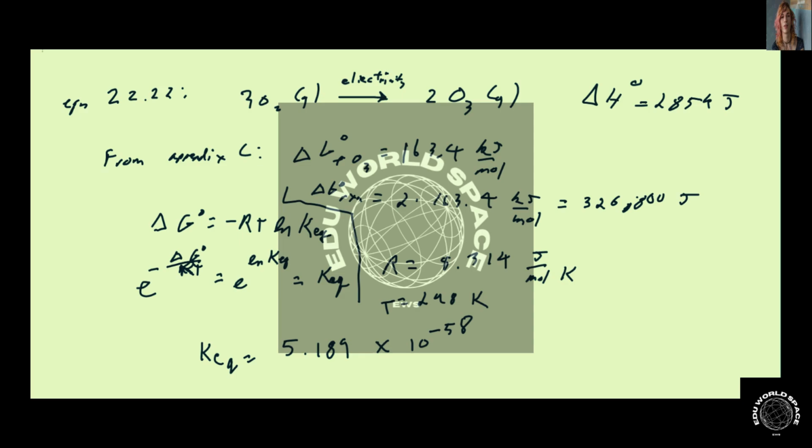And in scientific notation, we get 5.189 times 10 to the negative 58, which is very, very small.